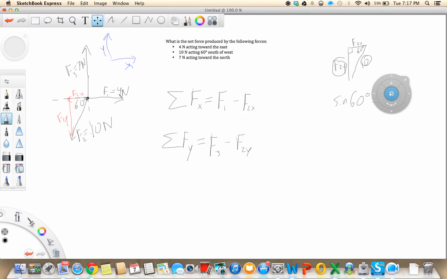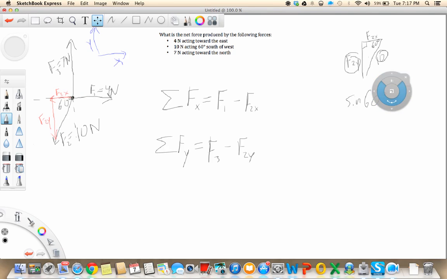Oops, sorry. Hold on. All right, so it's going to be your opposite side over your hypotenuse. Simple as that. And so just do a little bit of rearranging and you know what this value is going to be.